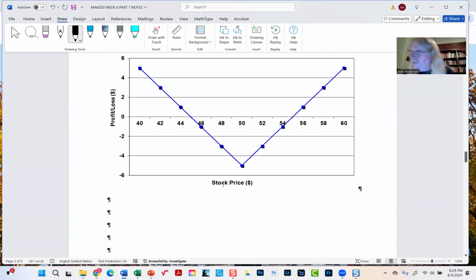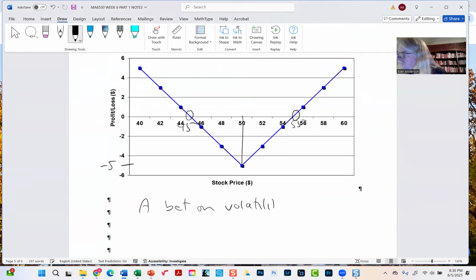So here, it costs $5. We need to cover that either on the upside or the downside. So if we're currently at 50, the price of the stock needs to go above 55 or below 45 in order for us to make money. So this is a bet on volatility. An expensive bet on volatility.